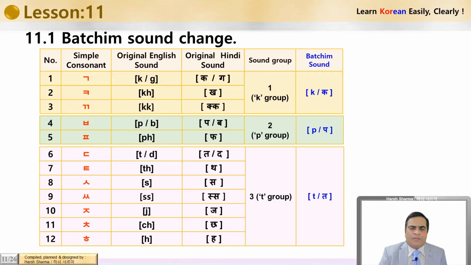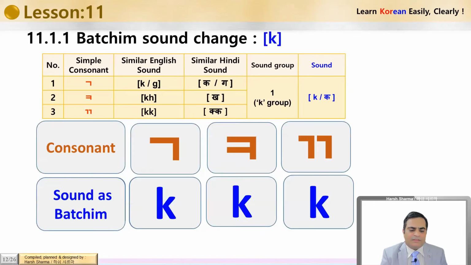So we have completed the 12 consonants with three families: the K family, the P family, and the T family. I hope it is now a little clearer what Batchim sound change is. Now let's check them one by one in detail.